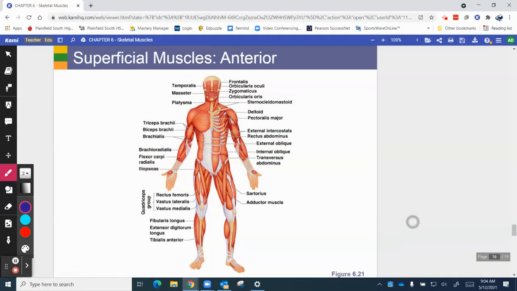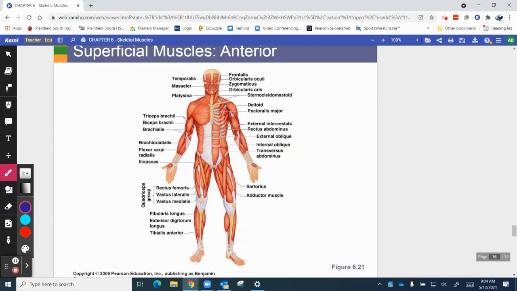All right, and then this just is a basic anterior view. Some of the ones I would make sure you look at: you got your orbicularis oculi, oris, sternocleido, deltoid, tricep, bicep, brachioradialis is one that I would know.